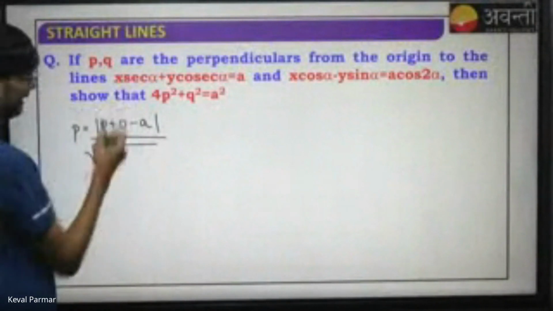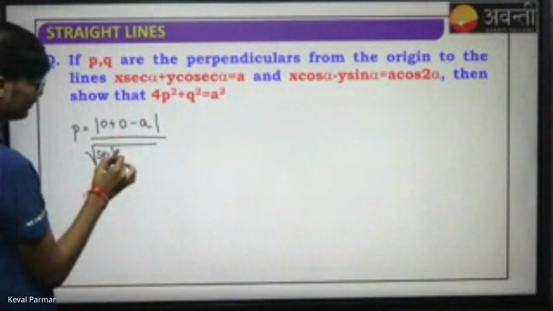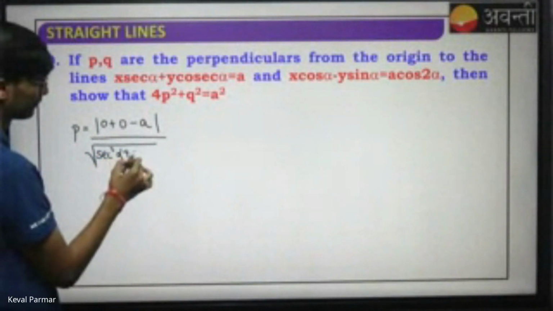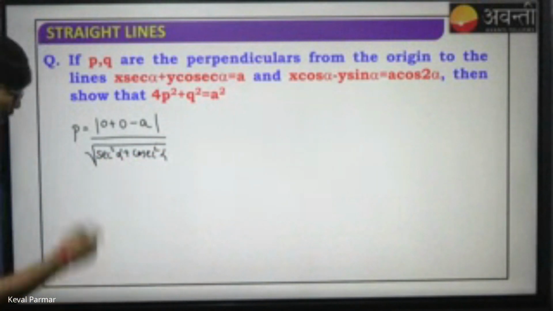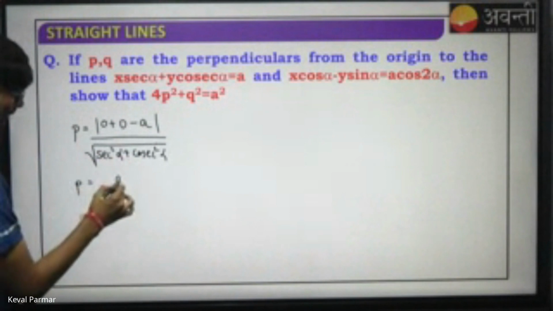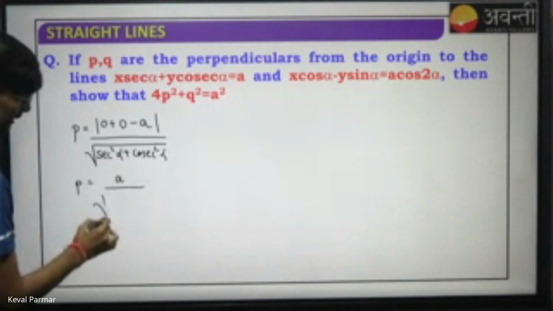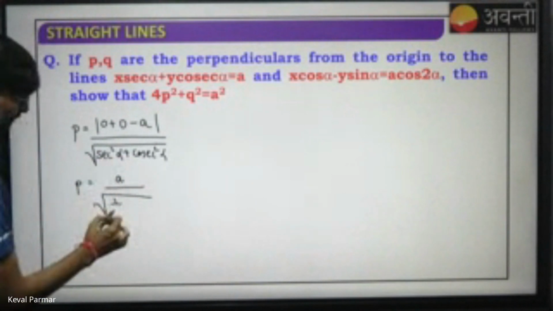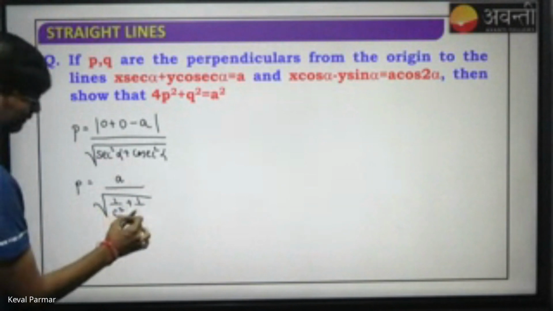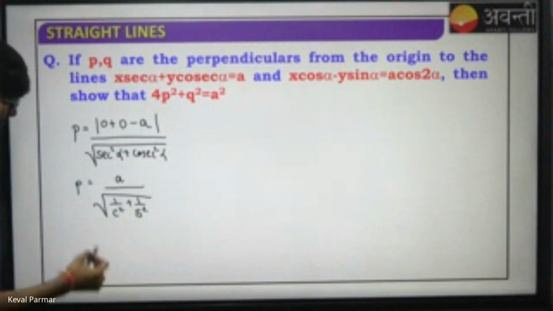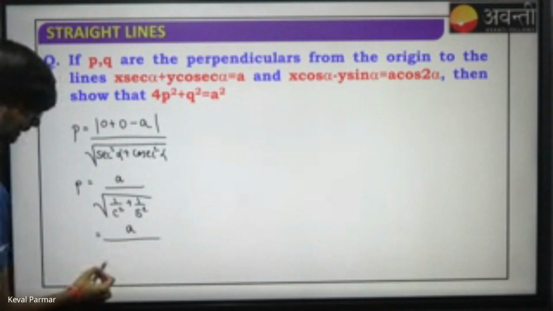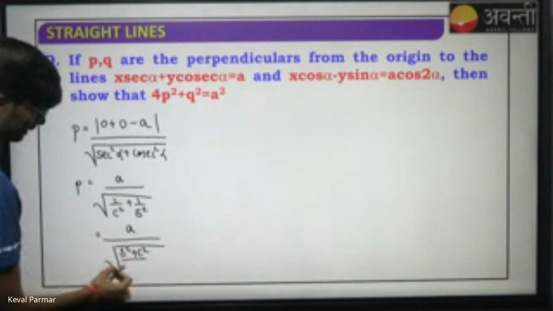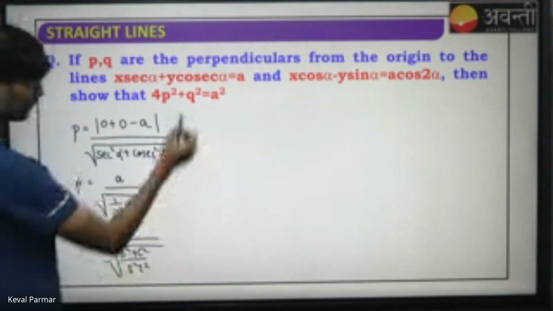What is the coefficient of x? Sec square alpha plus cosec square alpha. That means p is equals to a upon under root of, I can write sec square alpha as 1 upon cos square plus 1 upon sine square, which I can write as a upon, if I take LCM, sine square plus cos square upon sine square cos square.